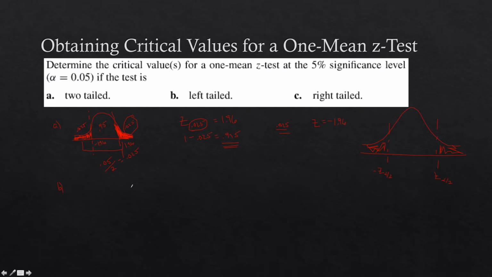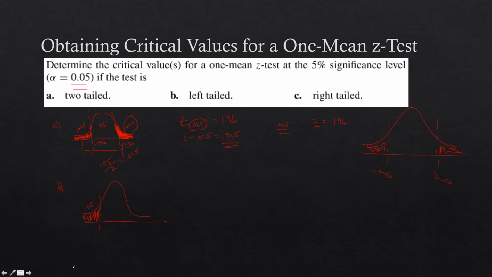For a left-tailed test, think about what we have here. So we want to find the area of this region here, and this region is still 0.05, but it's a left tail, so it's all to the left.